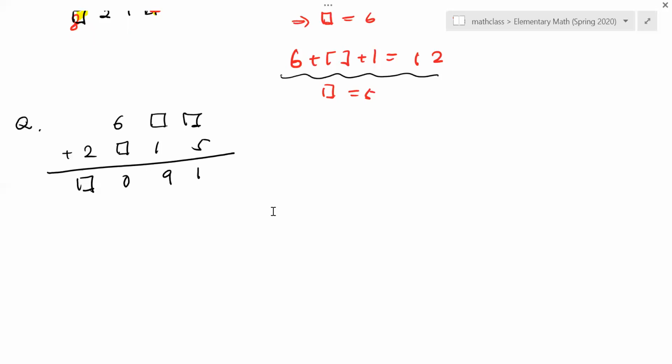I think we can still look at the last digit. The last digit is going to be this plus 5 cannot be 1. The next one is 11, so then you get 6. So your first number is 6.